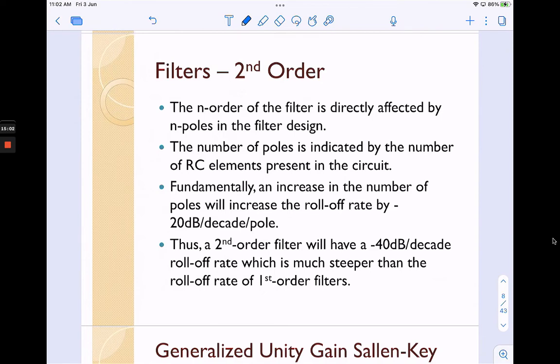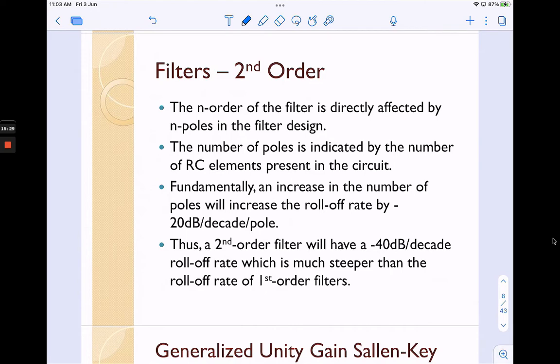Now, the filters are second order. So the nth order of the filter is directly affected by n poles in the filter design. The number of poles is indicated by the number of RC elements present in the circuit. Fundamentally, an increase in the number of poles will increase the roll off rate by 20 decibel per decade per pole.